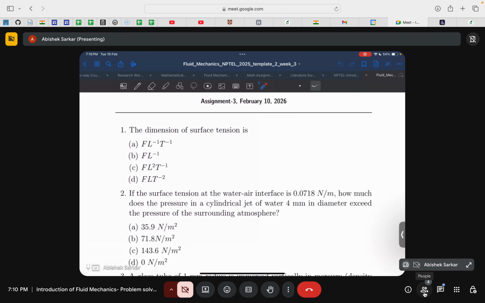The dimensions of surface tension: just to reiterate, here F denotes the force dimensions. So what would be the dimension of surface tension? Could you try it out? It's very simple. By surface tension I mean the surface tension coefficient, just to be clear.